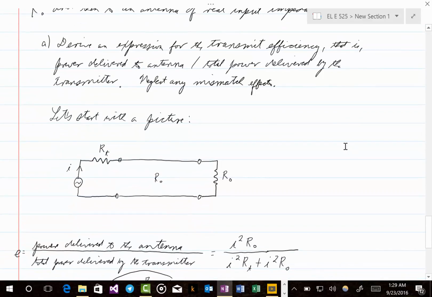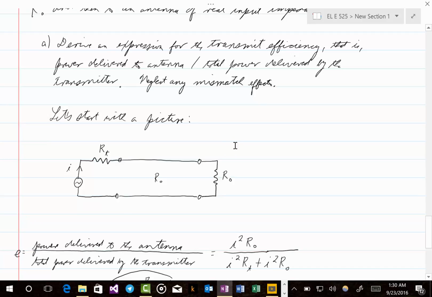Between the left set of terminals and the right set of terminals, we have a lossless transmission line of characteristic impedance R naught. And then finally, we have our transmitting antenna, which has a real input impedance of R naught.